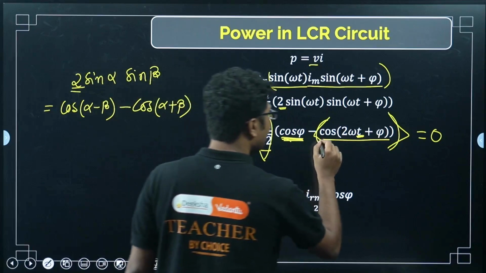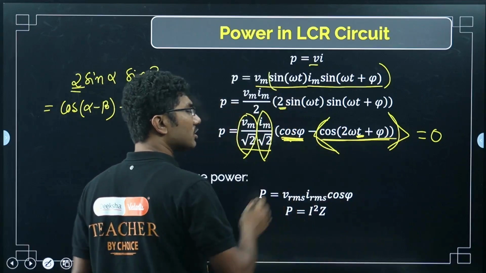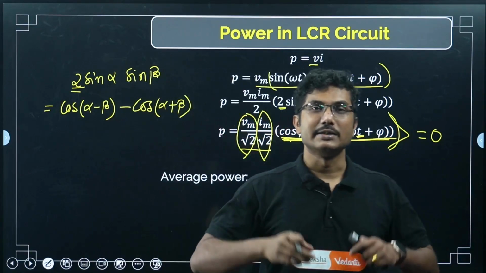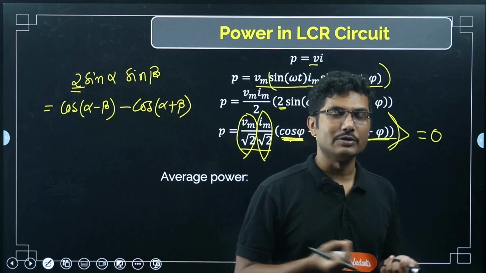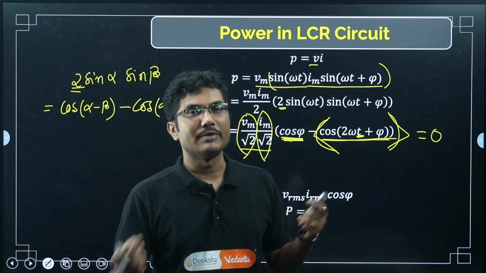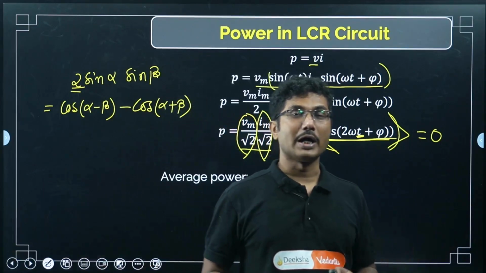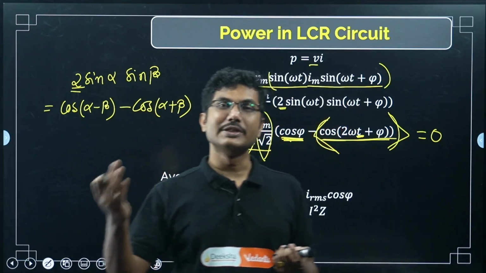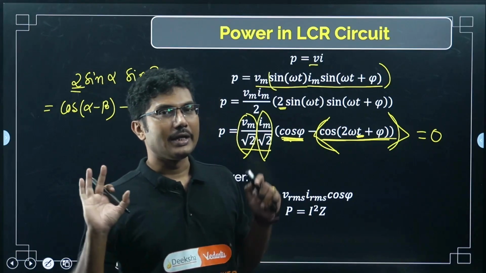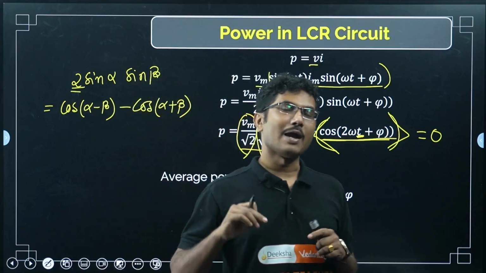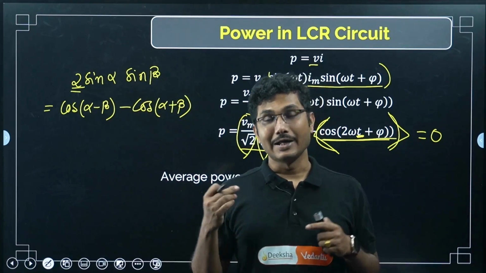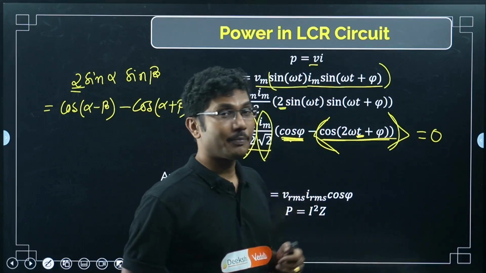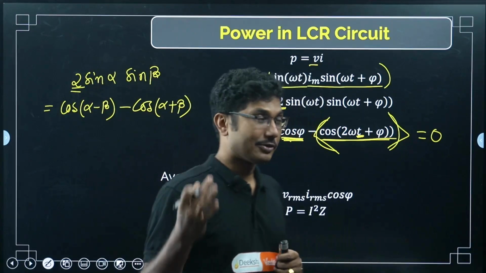Average of only this term is 0. Average of cos phi is not 0. Cos phi is a constant, it will have a fixed value. So based on the given values of omega naught, L and C, phi will have a definite value, maybe 0 in some cases. It may have 0 value, it may have pi by 2 value, but unless the value is pi by 2, it will have a positive value.